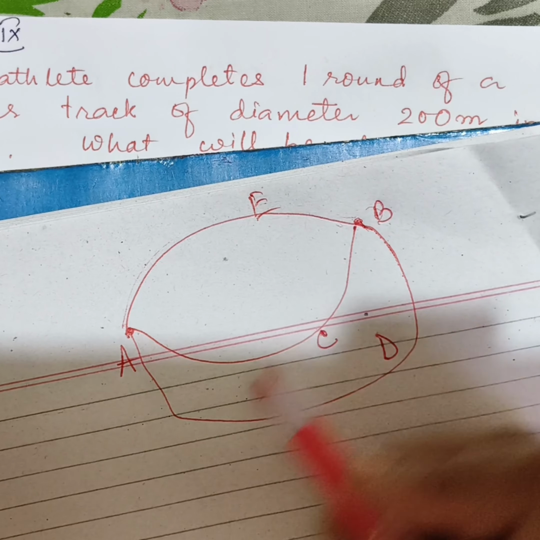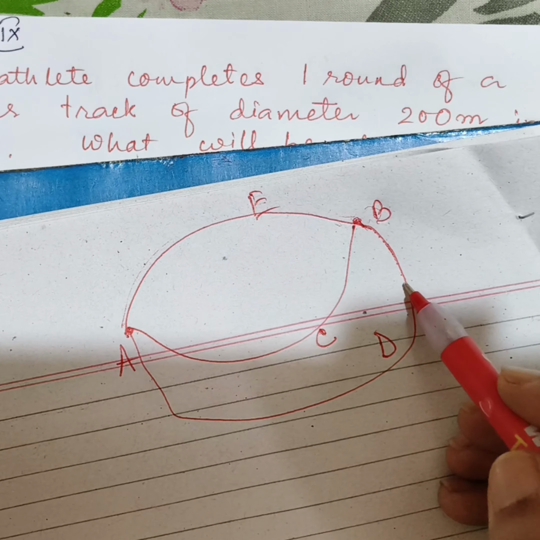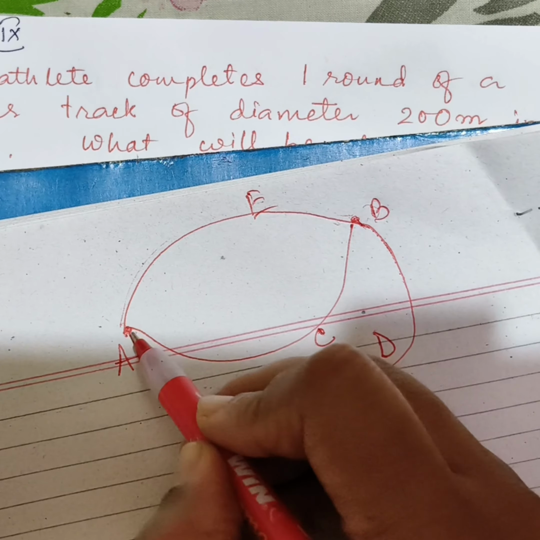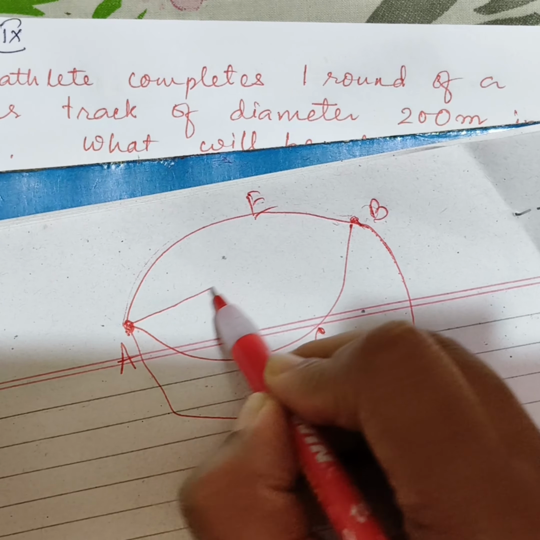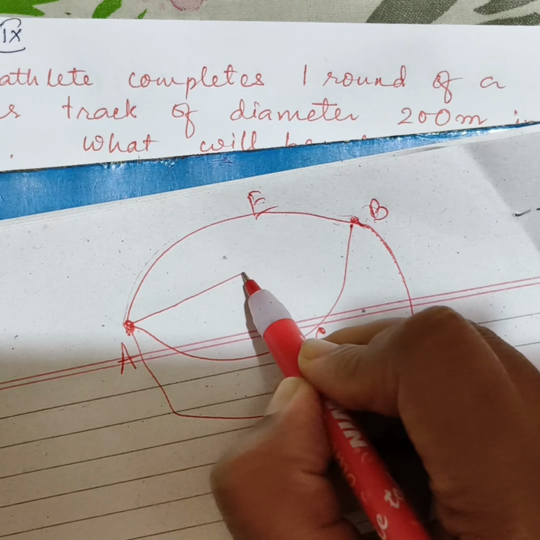You see, this is different, this is different, this is different, but there is only one length which can never be different: from A to B along a straight line path. The path length from A to B differs in this case, this case, this case, and there can be innumerable paths.